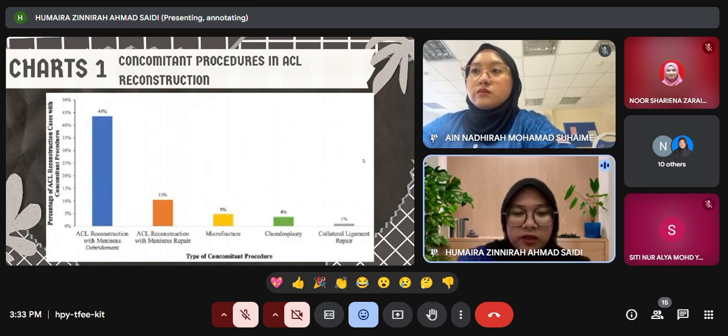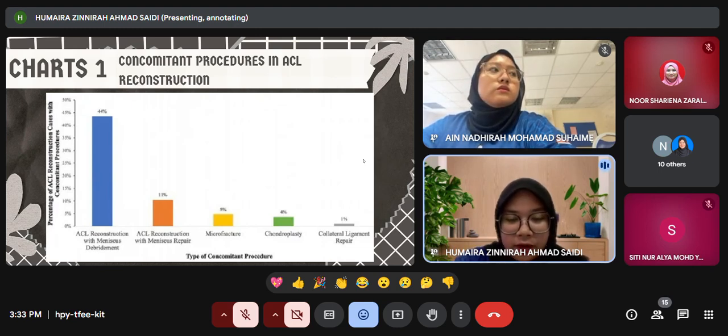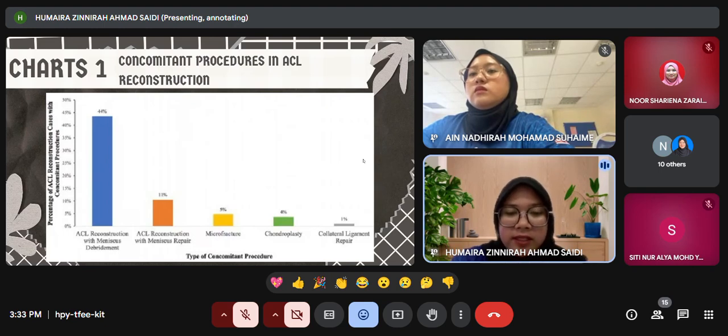percentage. According to the chart, meniscus debridement accounts for 44% of cases, making it the highest percentage of ACL concomitant procedures. Meniscus repair follows with 11%, microfracture 5%, and chondroplasty 4%.